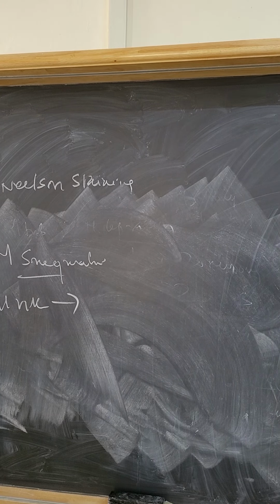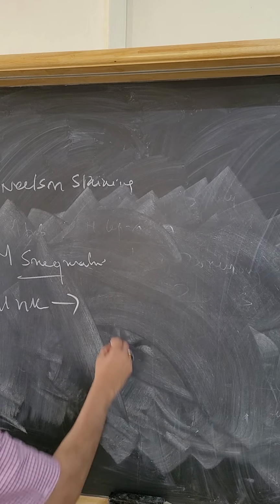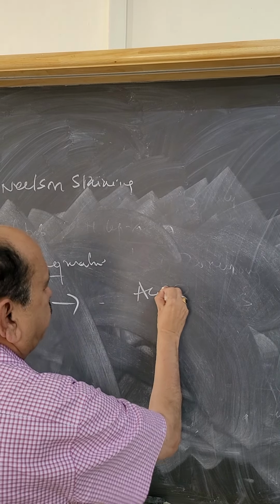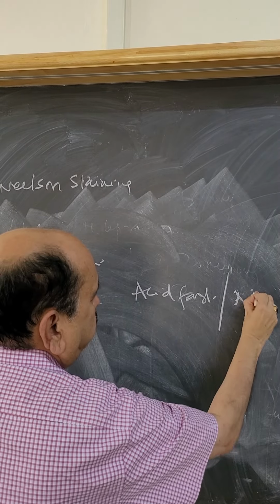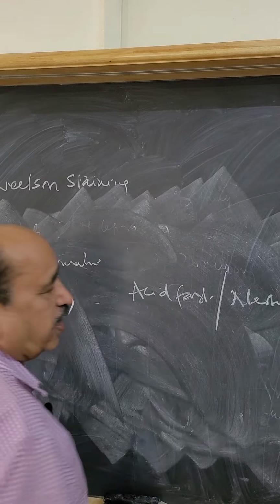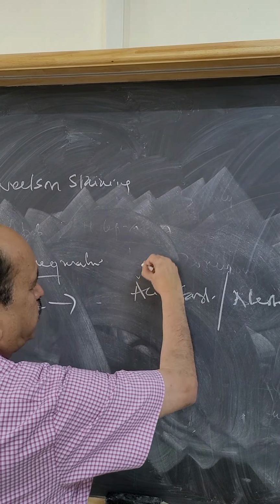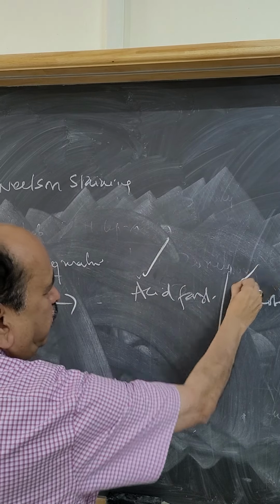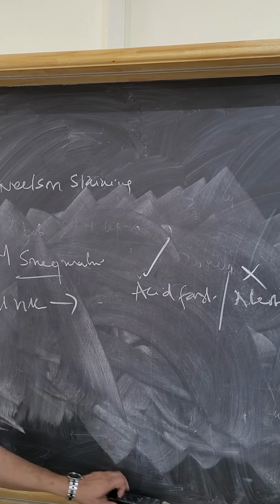Smegmatis is a tubercle bacillus present in the smegma. Mycobacterium tuberculosis is both acid fast and alcohol fast. But Mycobacterium smegmatis is only acid fast, not alcohol fast.